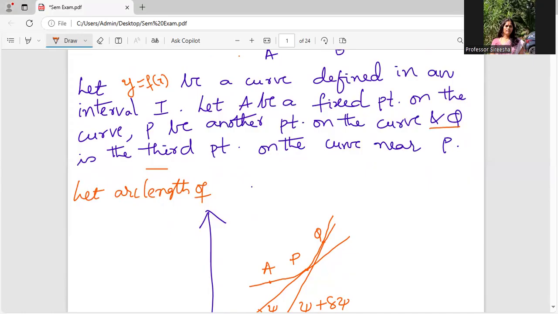Why? Because you will understand. Just see the length of the arc. If I try to write the length of the arc in terms of units, if I assume that the arc length AP is equal to S units, and then AQ, the total arc under consideration, if I take S plus delta S units, obviously you will be able to tell what would be the length of PQ, because that's the remaining part in the arc.